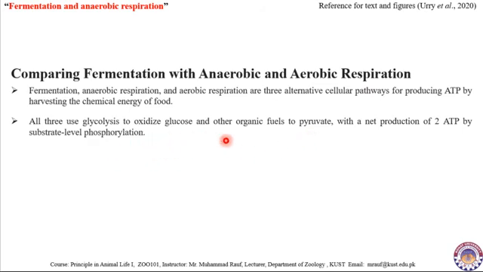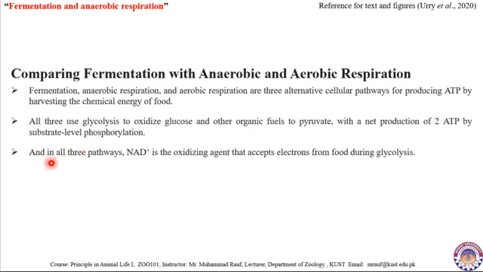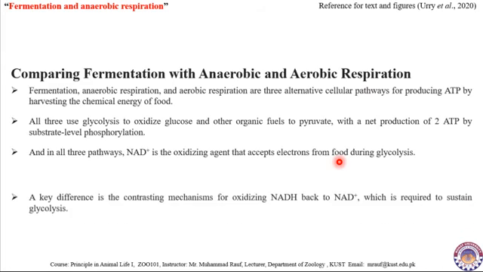So glycolysis only produces two net ATP molecules through substrate-level phosphorylation, and in all three pathways, NAD+ is the oxidizing agent that accepts electrons from food during glycolysis. Food means the intermediate stages, the substrates of the glycolytic pathway.